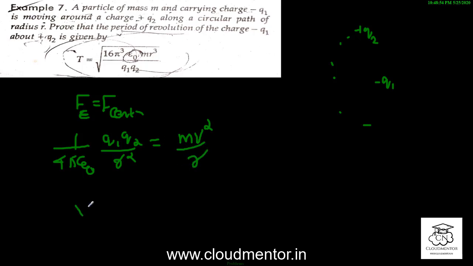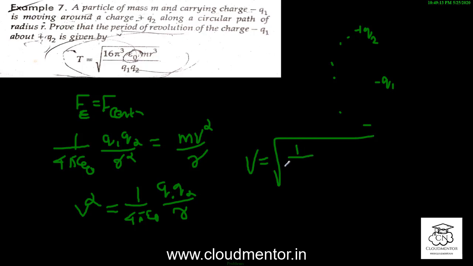From this, v square will be equal to 1 by 4 pi epsilon 0 q1 q2 multiplied by r divided by r square. So we get q1 q2 by m r, that is v will be equal to root of 1 by 4 pi epsilon 0 into q1 q2 by m r. So I have got v here.